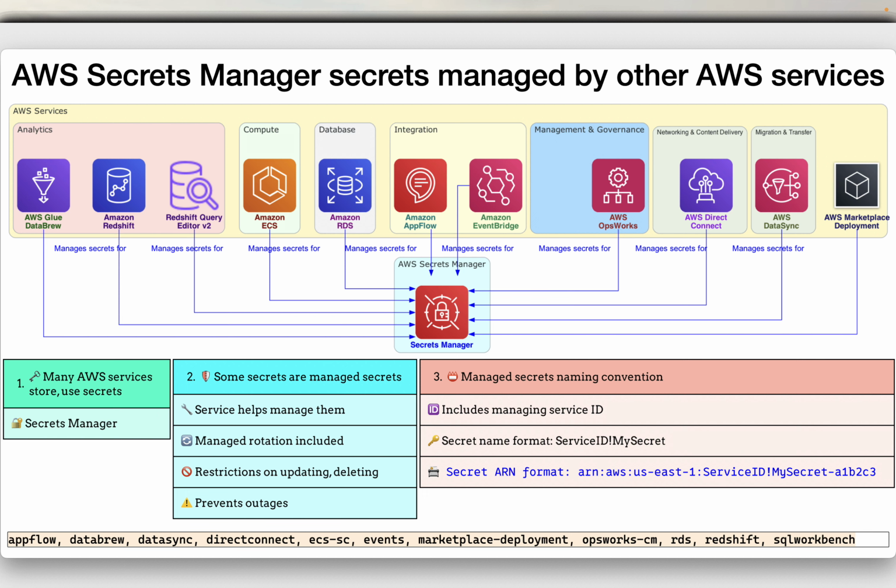Then marketplace deployment, and OpsWorks configuration manager, AWS OpsWorks, and RDS, Relational Database Service. Redshift query editor V2, Amazon Redshift, and SQL Workbench is the Redshift query editor. All these services use Secrets Manager managed secrets.